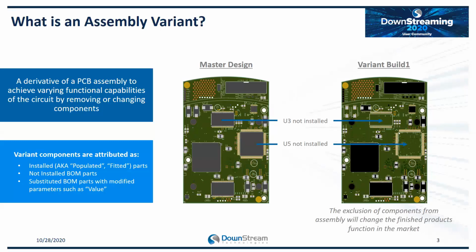It's not a change in the design. It's just a different part configuration. Many of the CAD tools that exist in the market allow us to define these variants in the actual CAD system, and the reason we do it in the CAD system is because that was always the best place to do it.